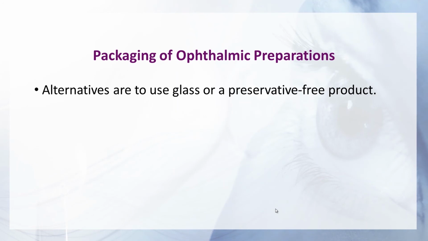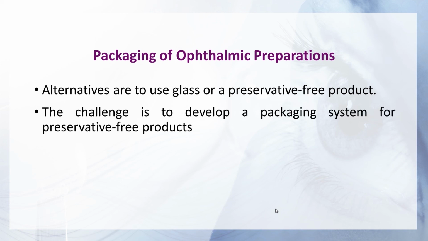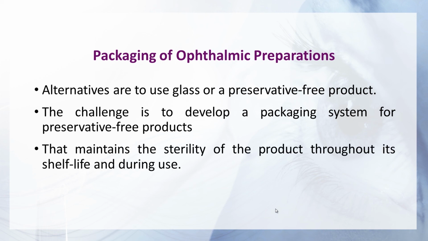Another thing we can do is use the alternatives: glass or a preservative-free product. If there is a compatibility or stability issue, we can use glass or a preservative-free product. The challenge is to develop a packaging system for a preservative-free product that maintains the sterility of the product throughout its shelf life and during use.